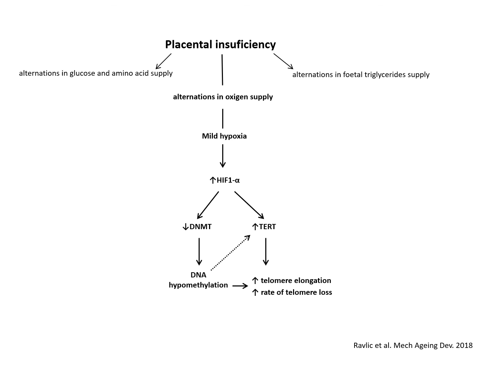All these things then cause telomere elongation, because telomeres are more relaxed, and the increased telomerase activity results in telomere elongation. On the other hand, these telomeres have changed epigenetics. They're not that stable, and they have increased rate of telomere loss.